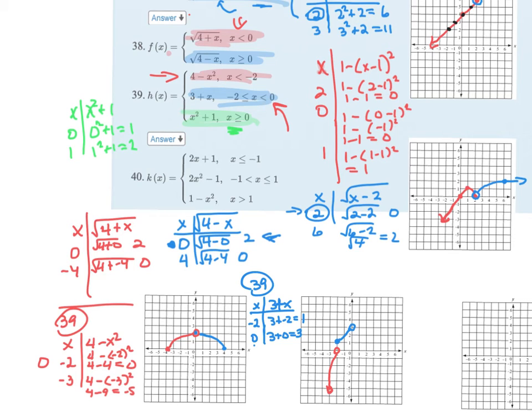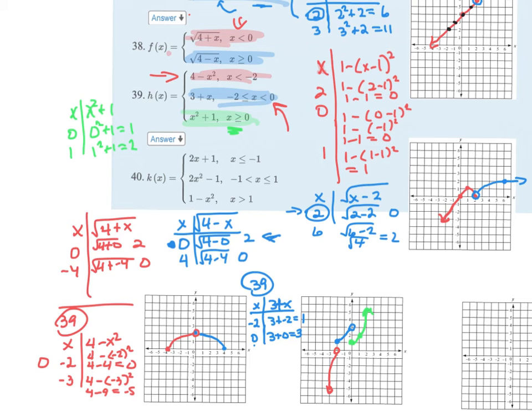So let me go ahead and graph those two ordered pairs. Again, it's going to be a closed circle at 0, 1, and then at 1, 2. And again, it's a parabola, so I can make it sort of U-shaped. So that would be that piecewise function.